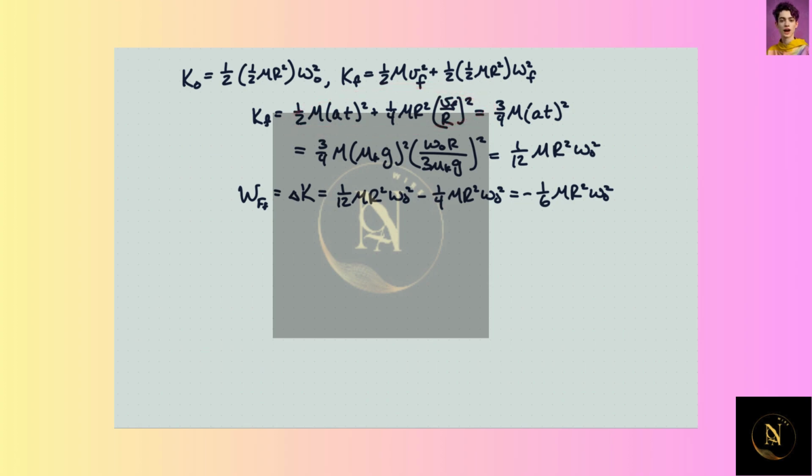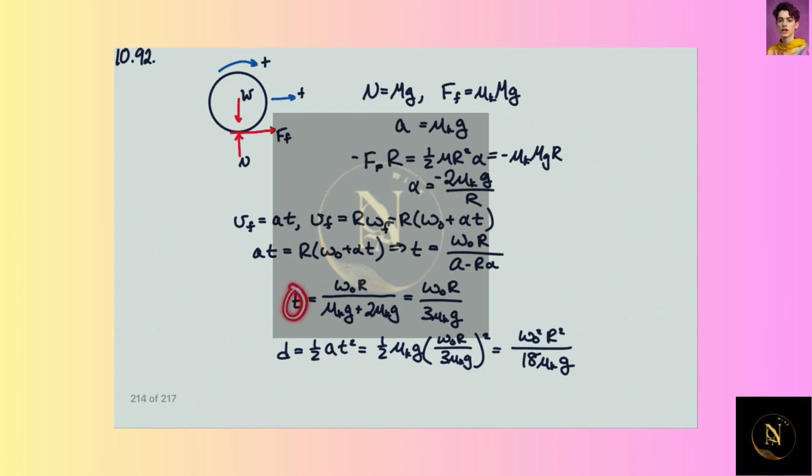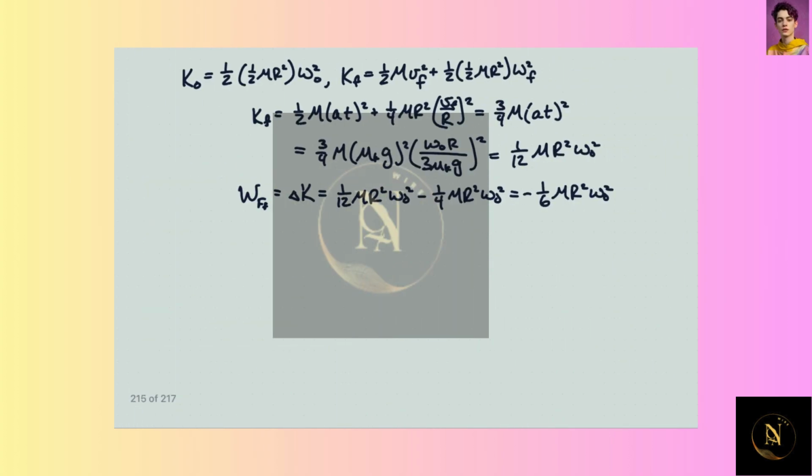Now we know what A is, and we know what T is from before. We know how long it took to start rolling without slipping, and we know the acceleration it has until that state. Now we can plug those in, and we get our final kinetic energy.